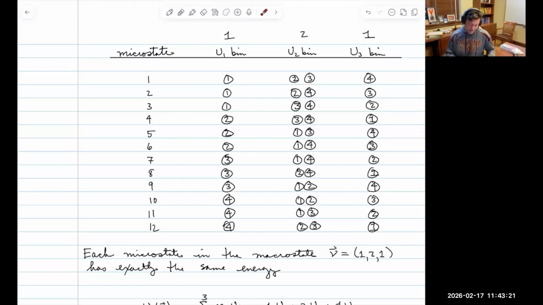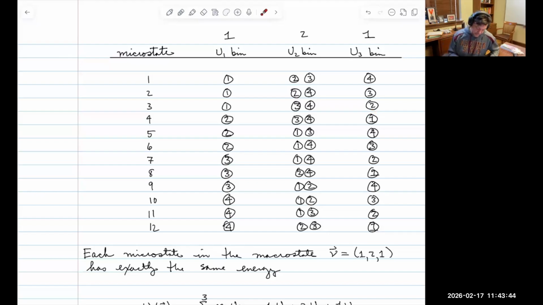And so you can continue this. Suppose, again, that 1 is in U1. Another arrangement would be to have 2 and 4 in bin 2, and then bin 3 would have to contain particle 3. And if I have 3 and 4 in bin 2, then the only way to do this is to have particle 2 in bin 3.